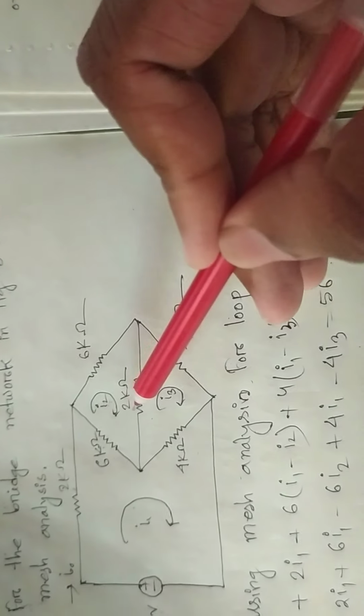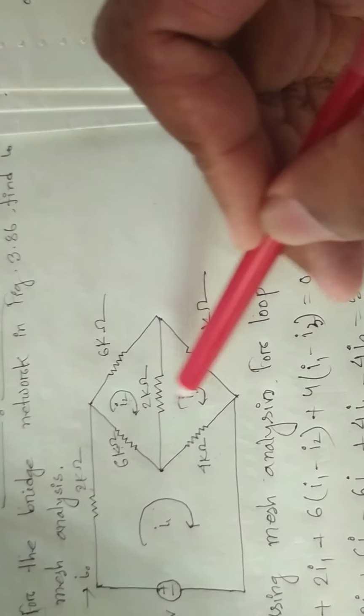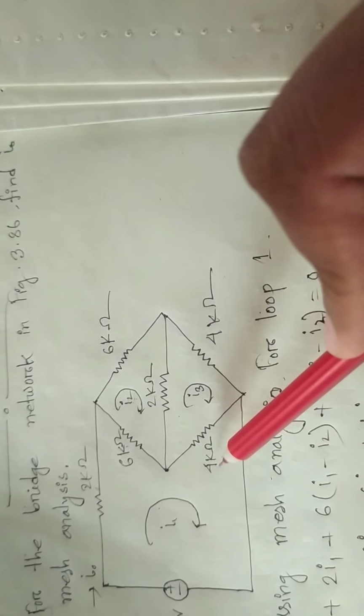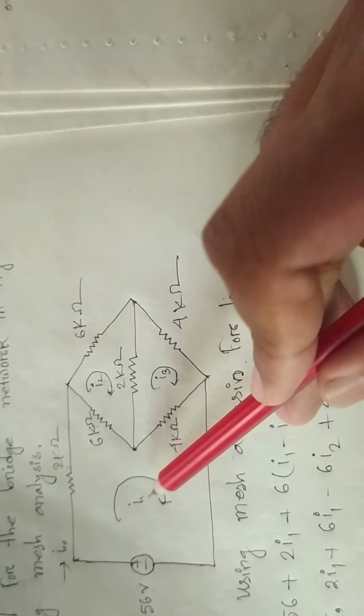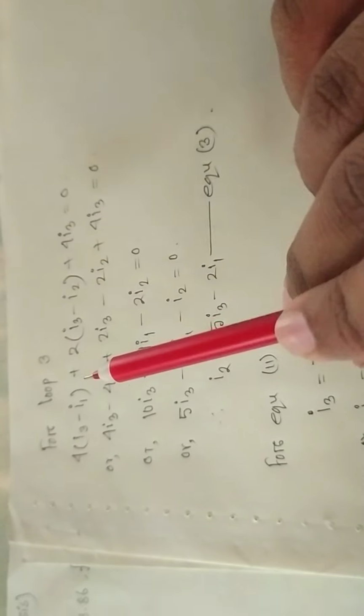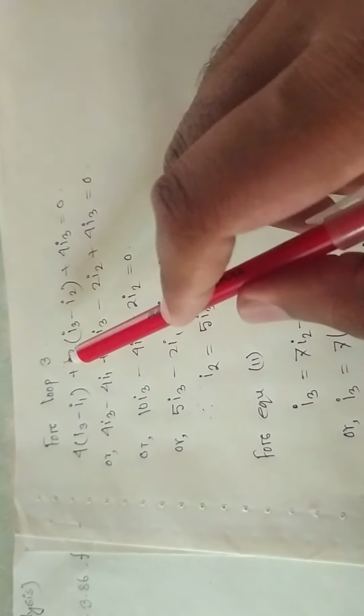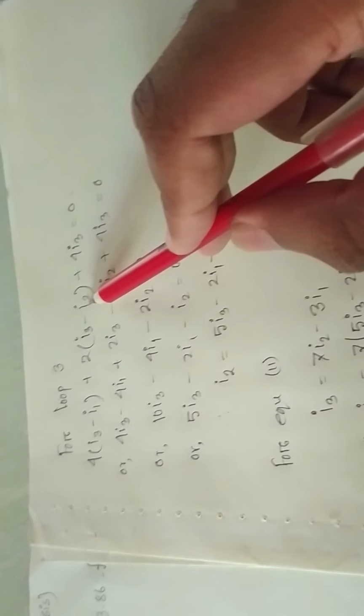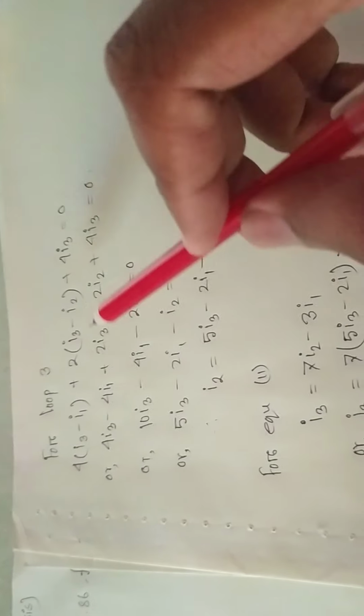Now see the third loop. For loop 3: 2(I3 minus I2) plus 4(I3 minus I1) plus 4 I3. So for loop 3, 4(I3 minus I1) plus 2(I3 minus I2) plus 4 I3 equal to 0.